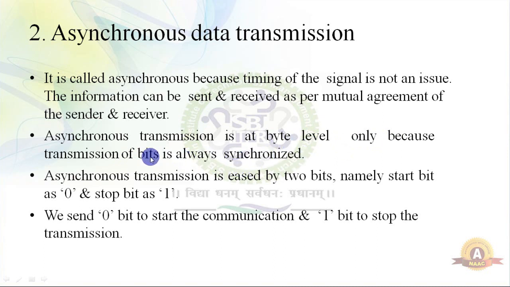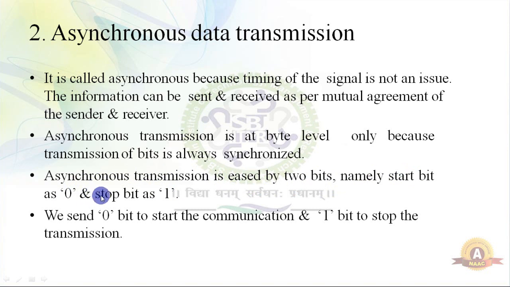Asynchronous transmission is identified by 2 bits, namely the start bit as a 0 and the stop bit as a 1. Whenever the sender sends a start bit, it indicates it with 0, and all the bits after that are data.